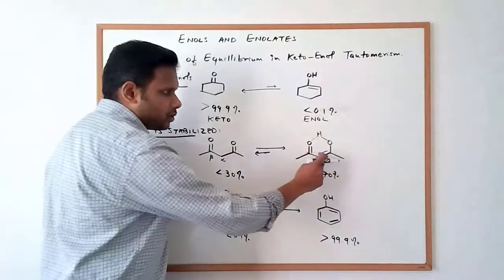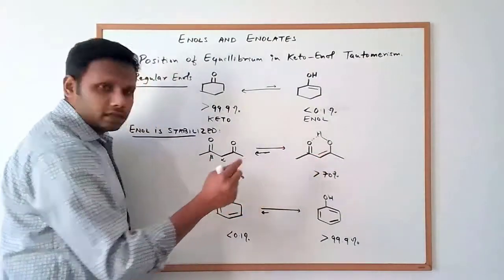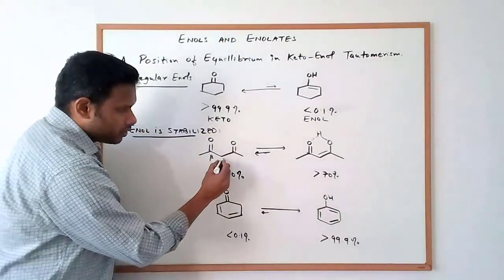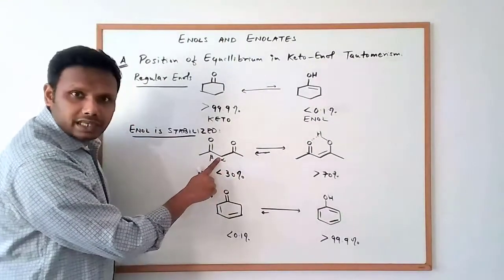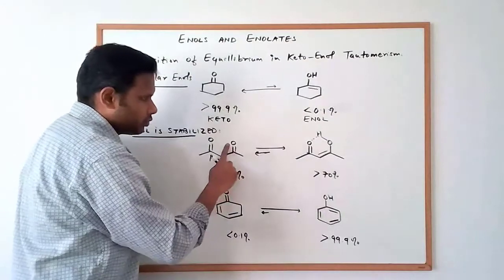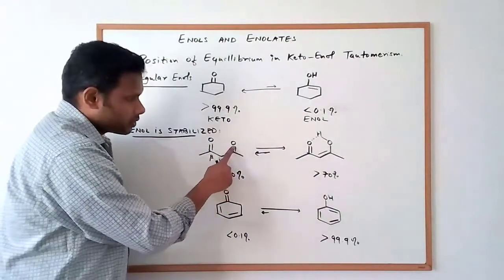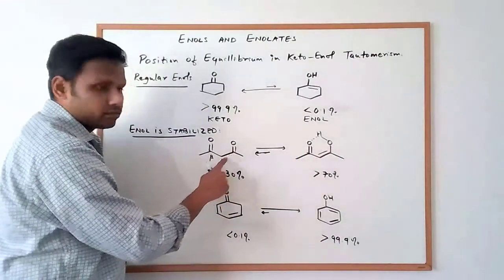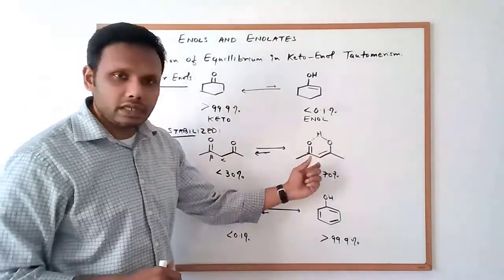That's because when the enol is formed, notice the way we formed the enol: we removed one of the hydrogens from this alpha position and moved it to the oxygen. We also converted the carbon-oxygen double bond into a single bond and a double bond between the alpha carbon and the carbonyl carbon.